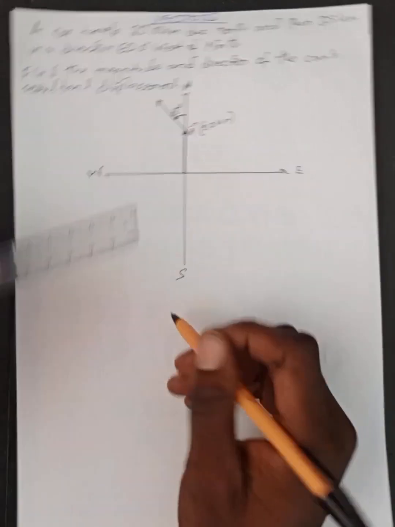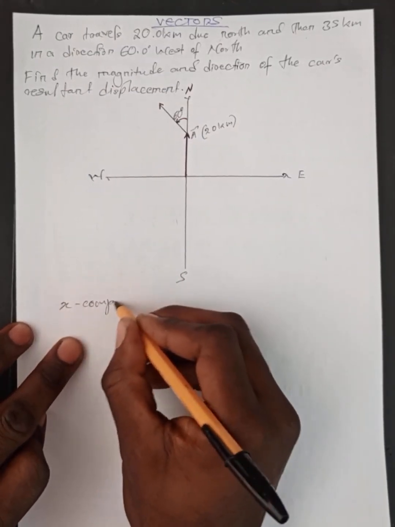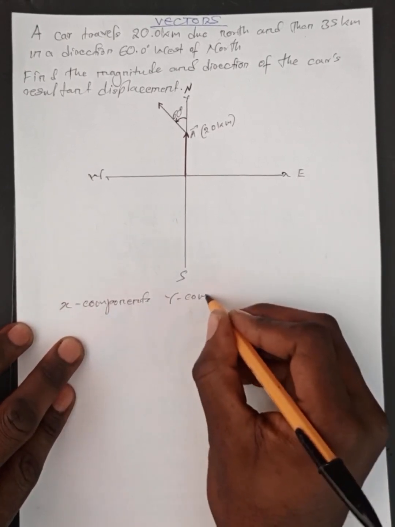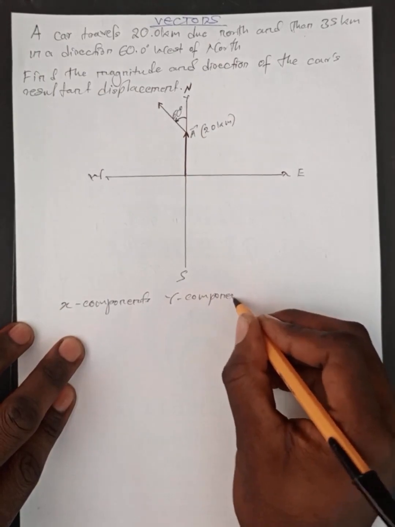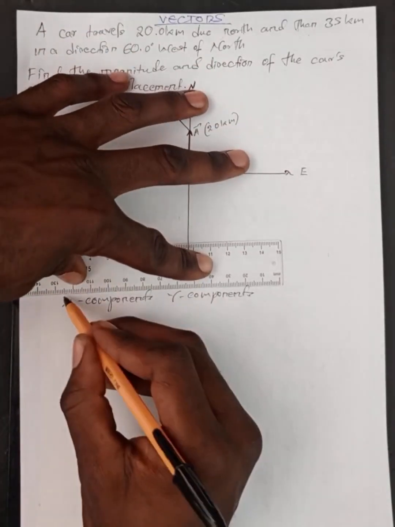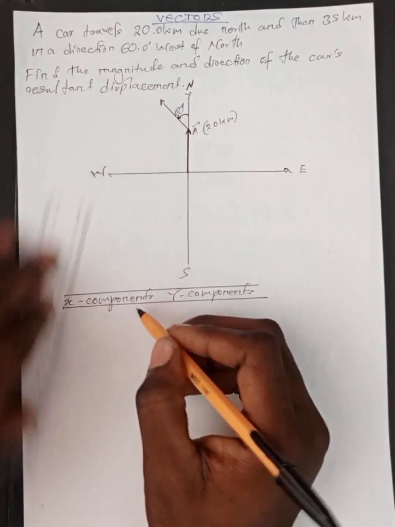So here we're going to have x components and y components. In the last video I explained the first, second, third and fourth quadrants.